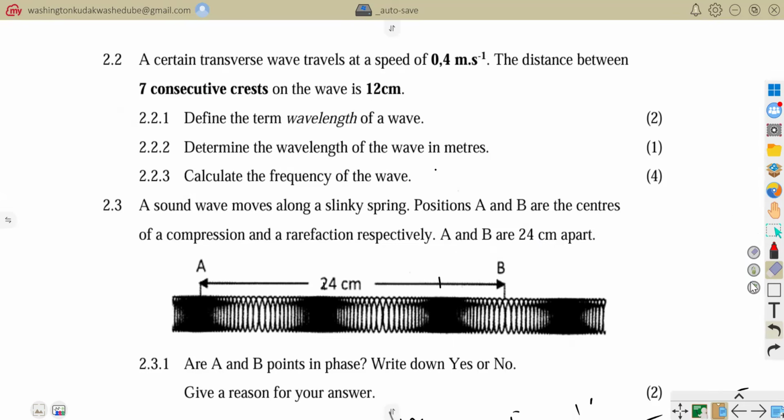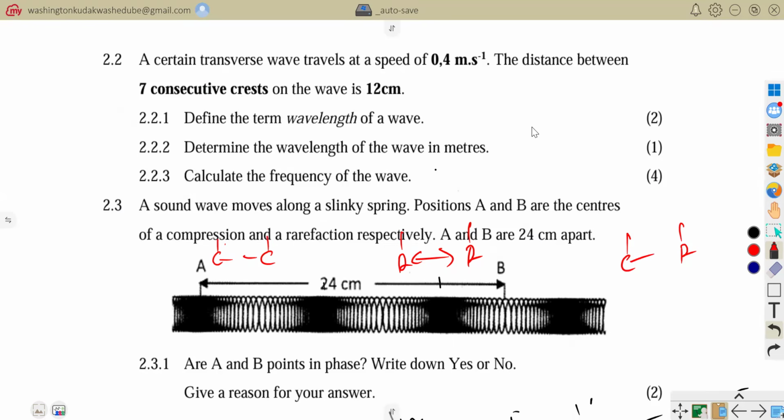Because this one is a longitudinal wave, points that are in phase are either the center of the compression and the center of another compression, or the center of a rarefaction and the center of another rarefaction. These two points are in phase. But when you see the center of a compression and then the center of a rarefaction, it simply means that they are not in phase.